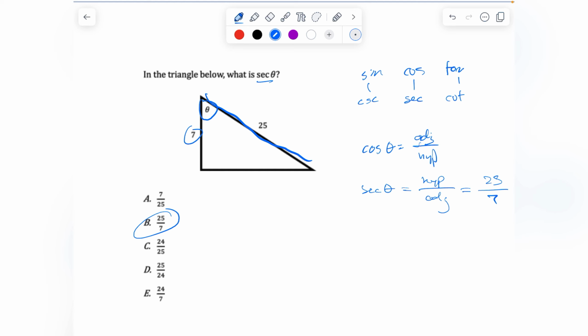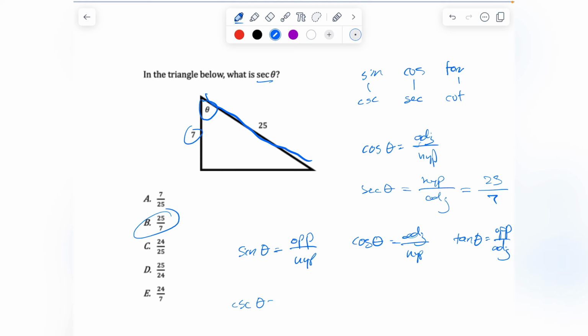Just to break it down for you, sine theta is equal to opposite over hypotenuse. Cosine theta is equal to adjacent over hypotenuse. Tan theta is equal to opposite over adjacent.